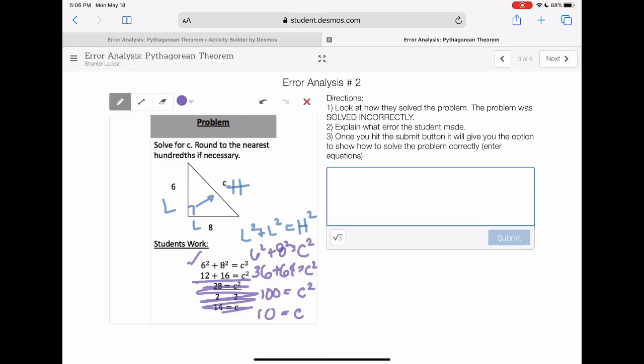Okay, so here, what was their mistake? How do you think they got this 12? Well, they probably thought that this exponent of 2, they needed to multiply 6 times 2. But we know that is not true. When there's an exponent of 2, that means 6 times 6, right? The number times itself.